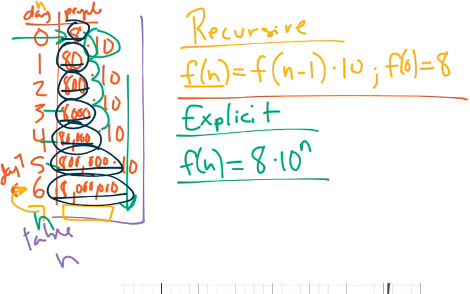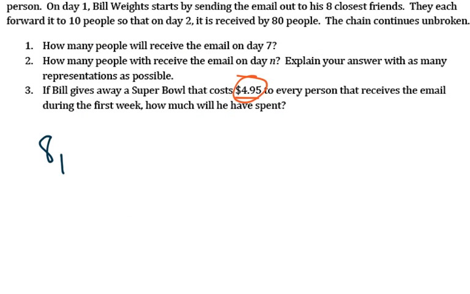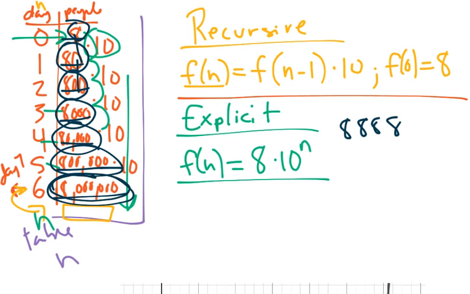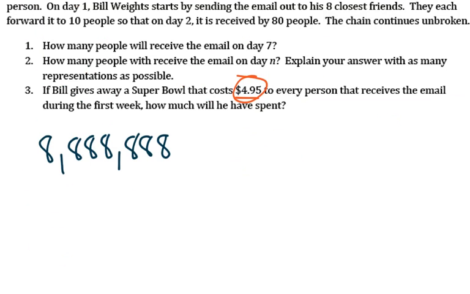We would just end up with, because 8 and 80 is 88, 888 is 888, so 8,000 would be 8,888. So basically, we've just got this number, 8,888,888. Okay? That's how many people in that first week received it. On day 7, that's how many people had received it.